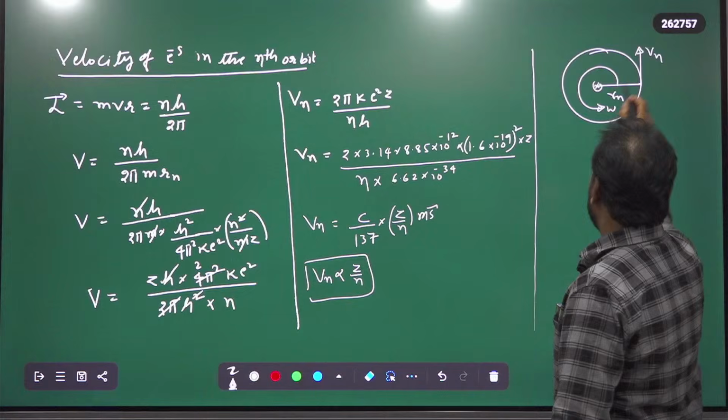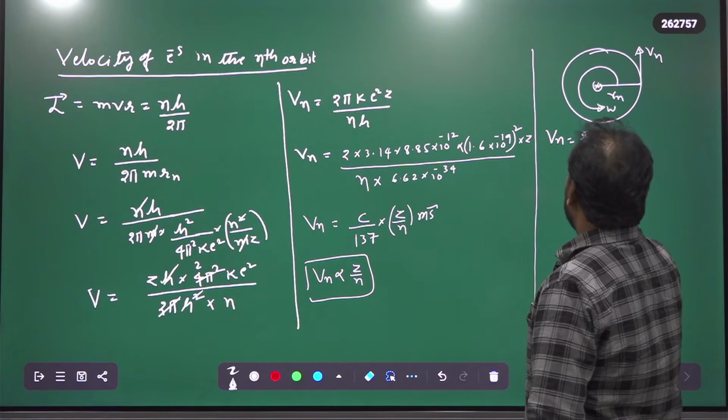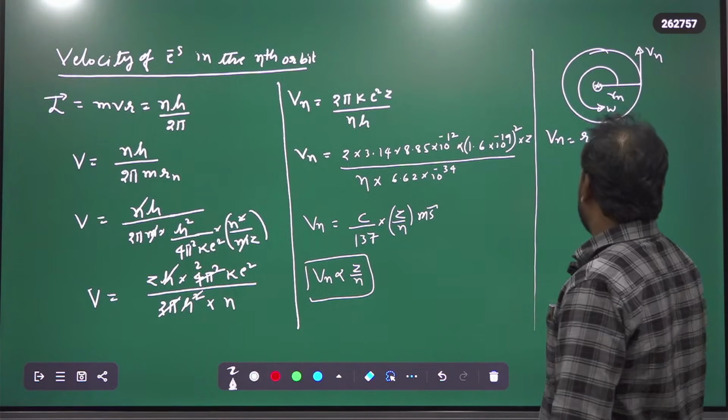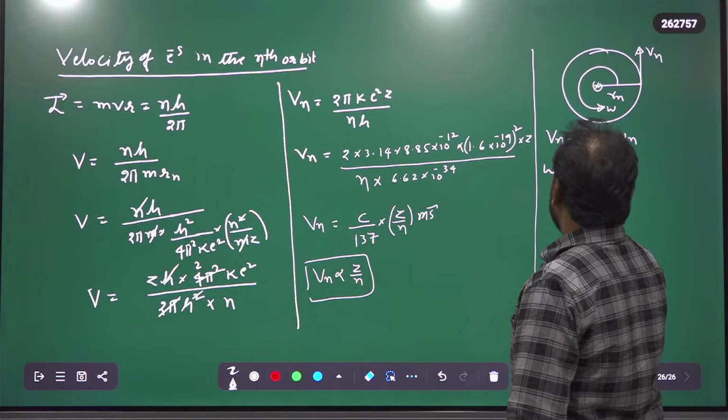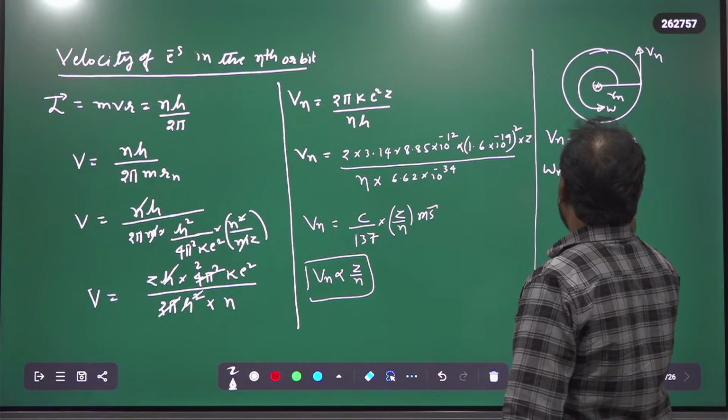Therefore, Vn is equal to Rn into omega n. From this, omega n is equal to Vn upon Rn.